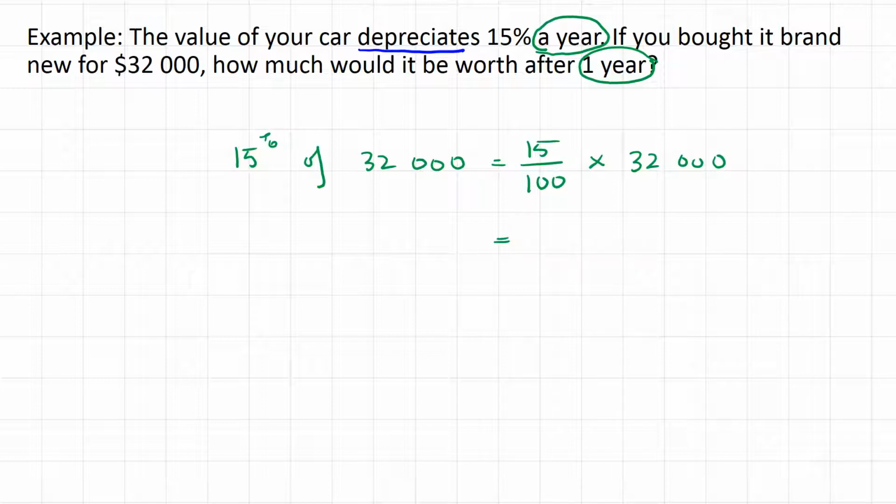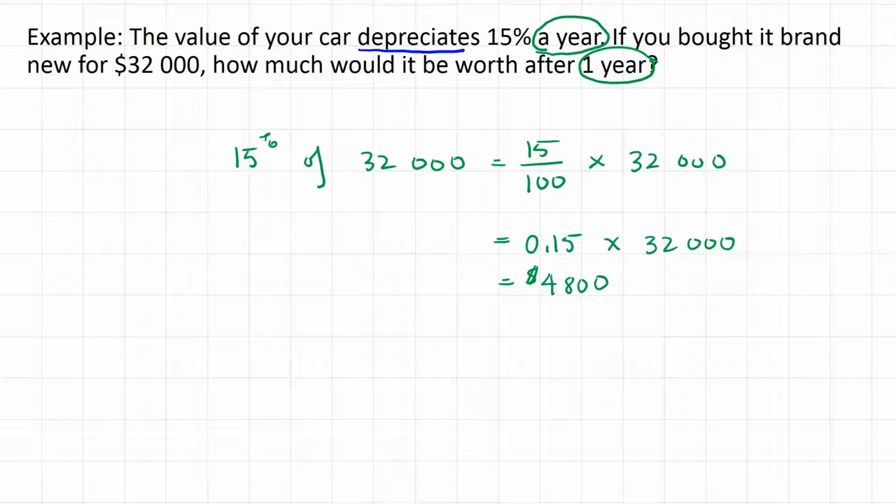Changing the 15 divided by 100 into a decimal, I get 0.15 times $32,000. And then doing the multiplication with your calculator, you get $4,800. So that's how much the value of your car loses in 1 year. It is not what your car is worth after 1 year.